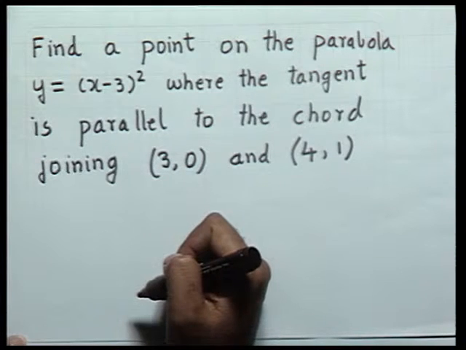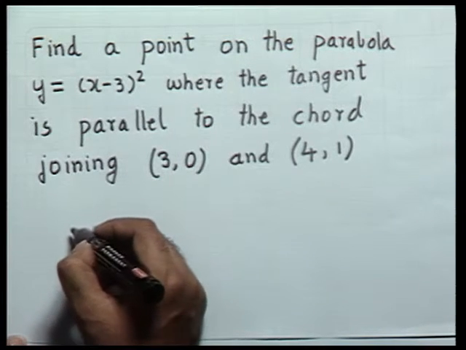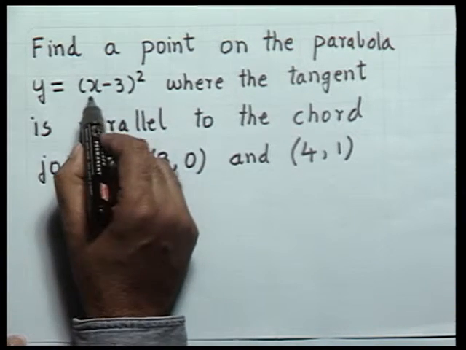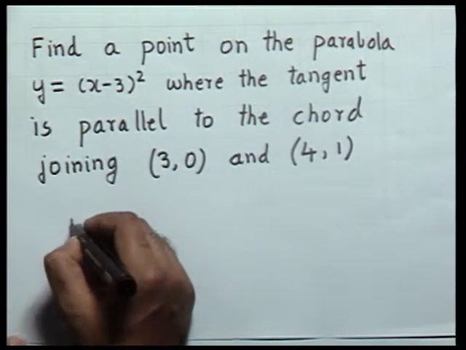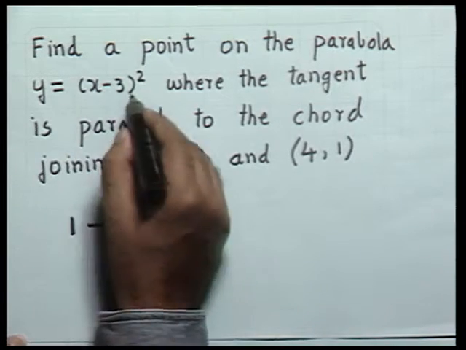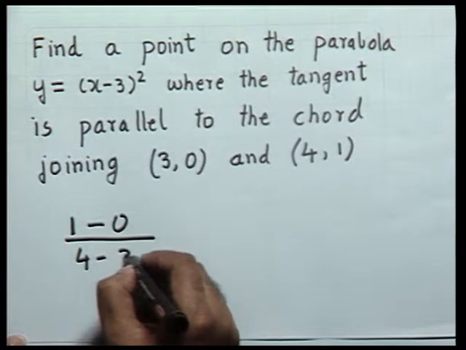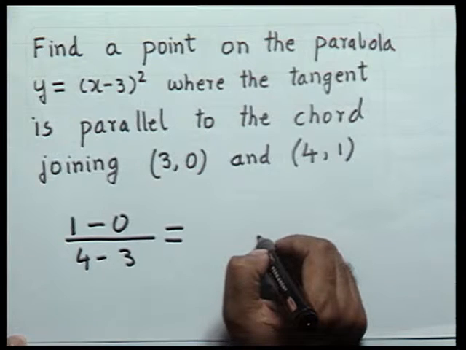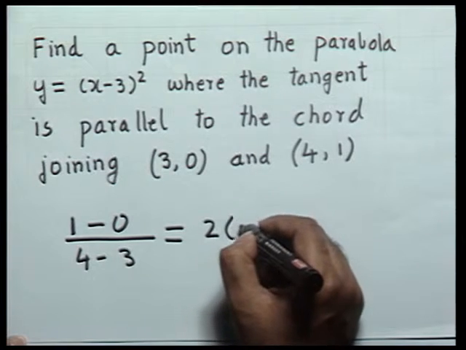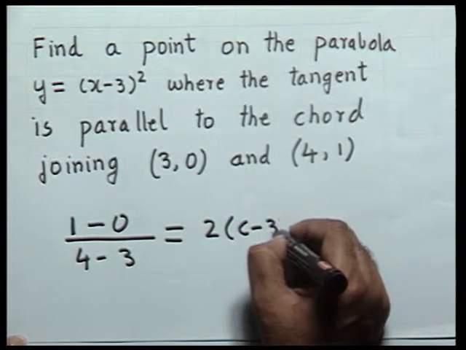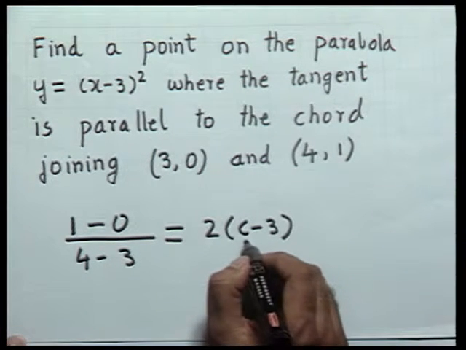And therefore, by the mean value theorem, I would get the value of the function at 4, which is 1, minus the value of the function at 3, which is 0, divided by 4 minus 3 should be equal to the derivative of the function at some point C. The derivative of (x minus 3) squared is twice (x minus 3). So, at C the derivative will be twice (C minus 3). From here you can easily find the value of C.